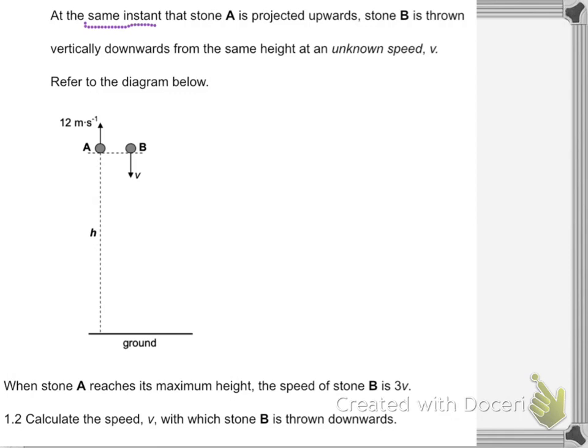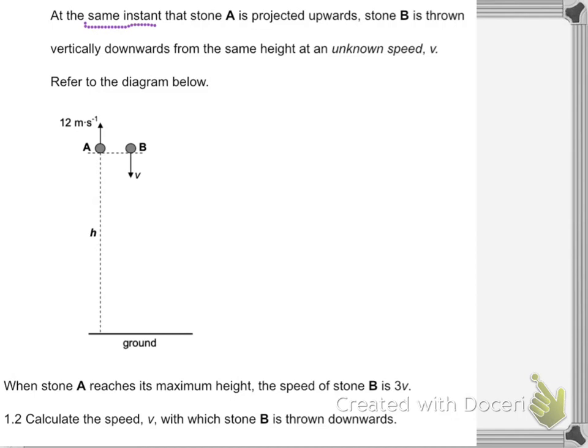So look at the diagram. When stone A reaches its maximum height, so that time that it takes to reach the maximum height, the speed of stone B is 3v.